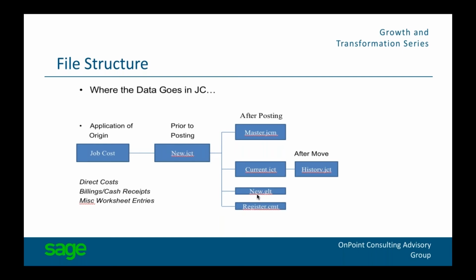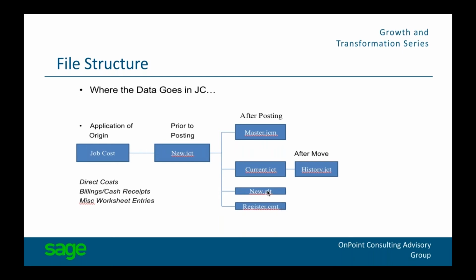And if it's the billings, or I'm sorry, if it's the cash receipts, then it also has to send that money to the bank. So it'll send it to the register.cmt for cash management transaction file. So whenever you post, it just kind of spreads it out.